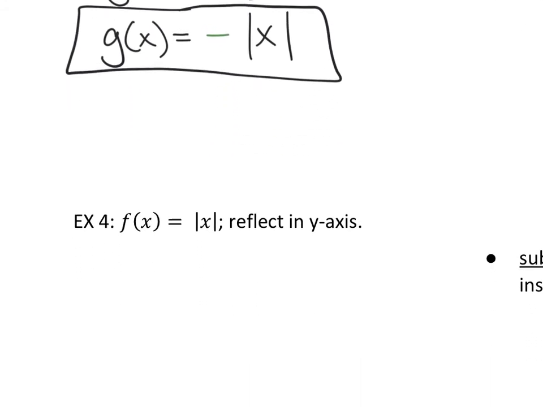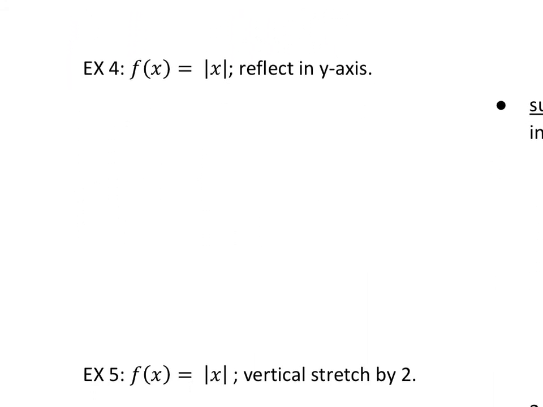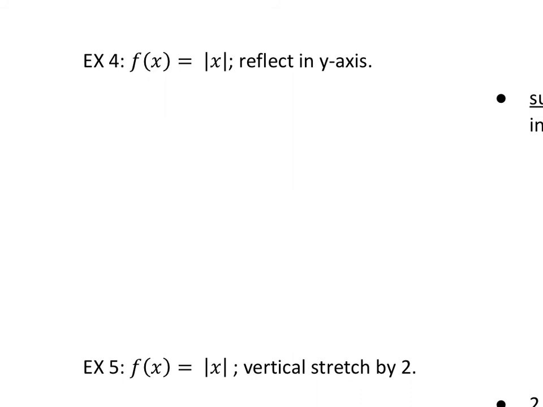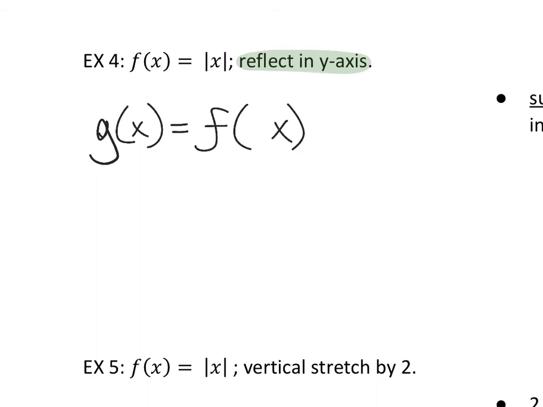Next one we want to do is reflect it in the y-axis. How do I reflect something in the y-axis? Put what on the inside? Fabulous. We put the negative x on the inside. So this time I say that g of x is going to be equal to f of x if I put a negative on the inside.